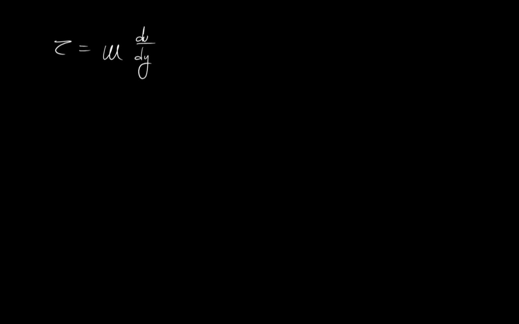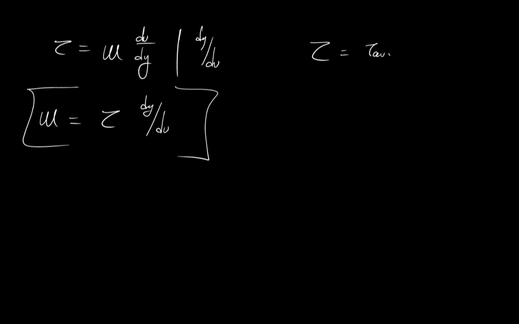The shear stress symbol is called tau. Making mu the subject, we multiply the entire equation by dy over du, and we have mu equal to tau times dy over du.